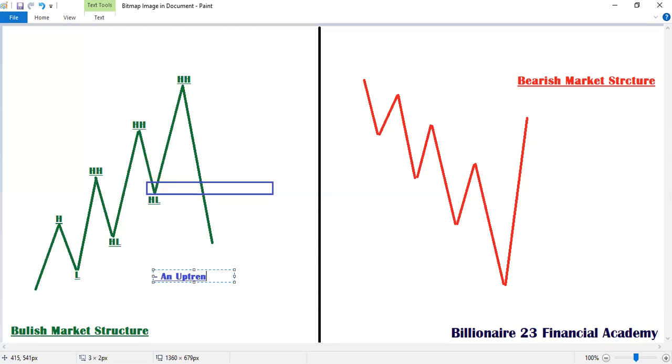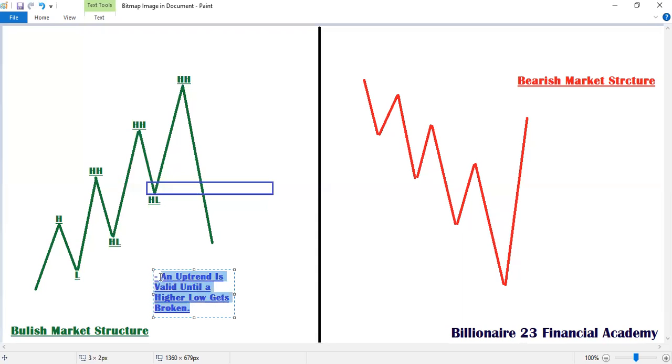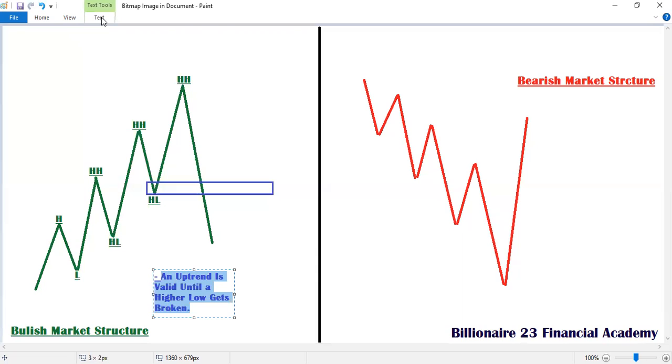Uptrend is valid until the higher low gets broken. Let me just fix this. I'm good with that text.